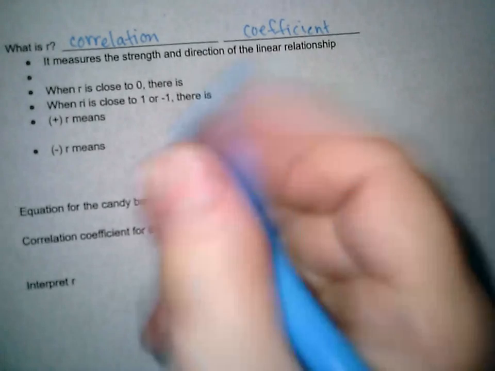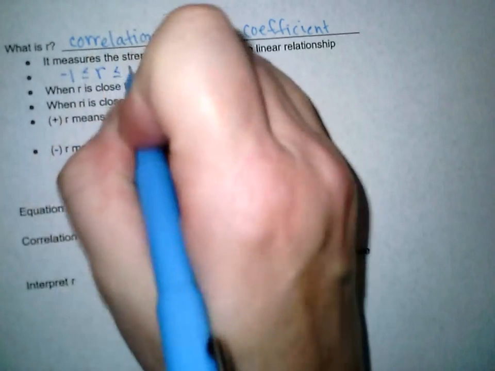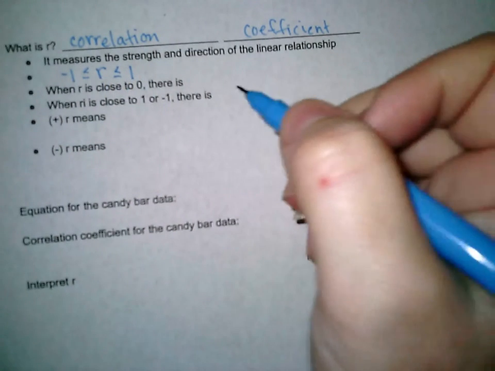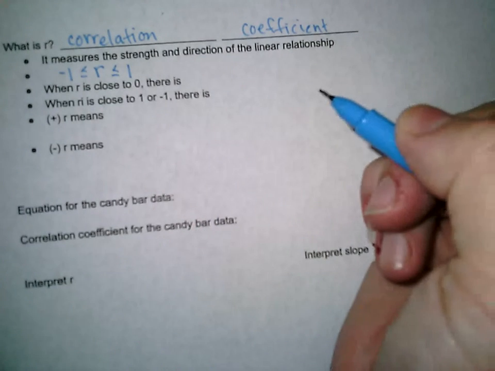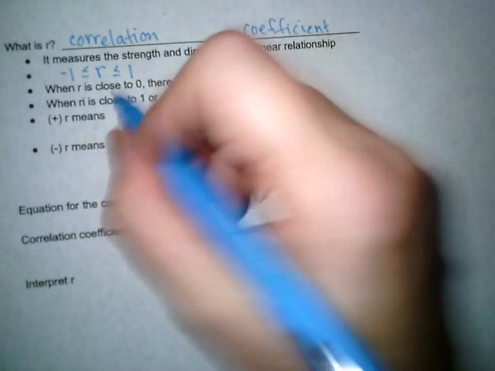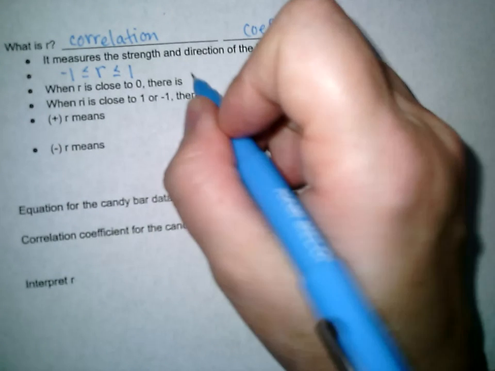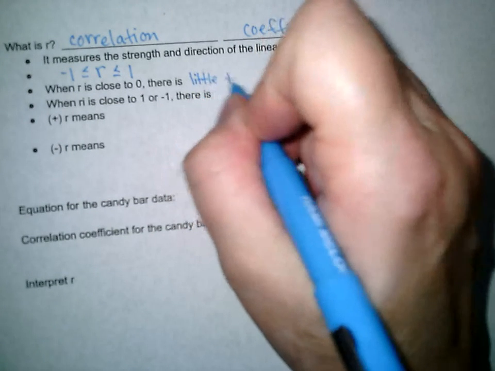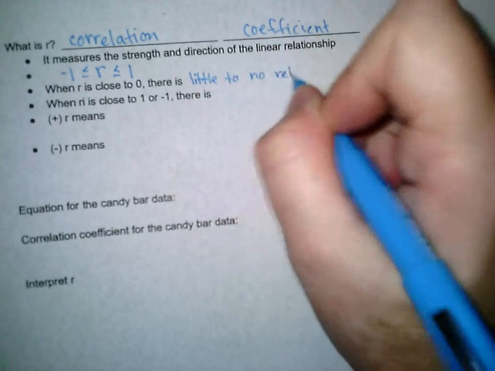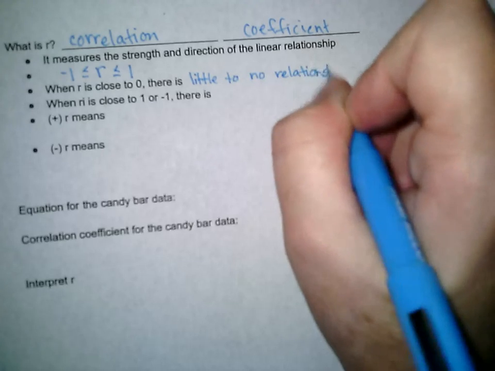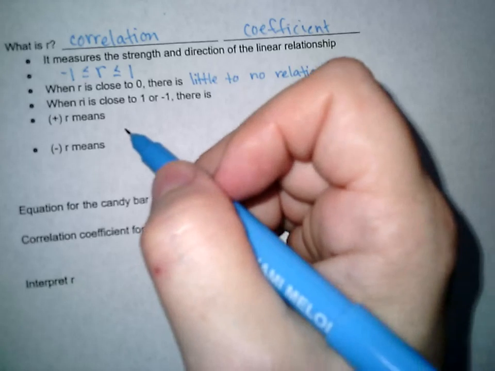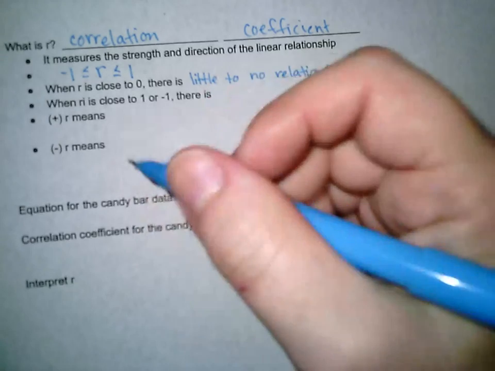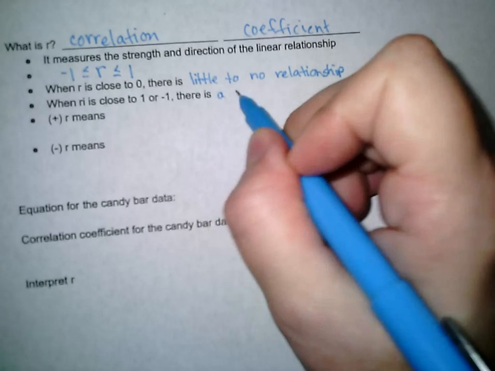R can be anything between -1 and +1. When R is close to 1 or -1, that's the strongest relationship. But when R is close to 0, there is little to no relationship. There's a typing error. When R is close to 1 or -1, there is a nearly perfect linear relationship.